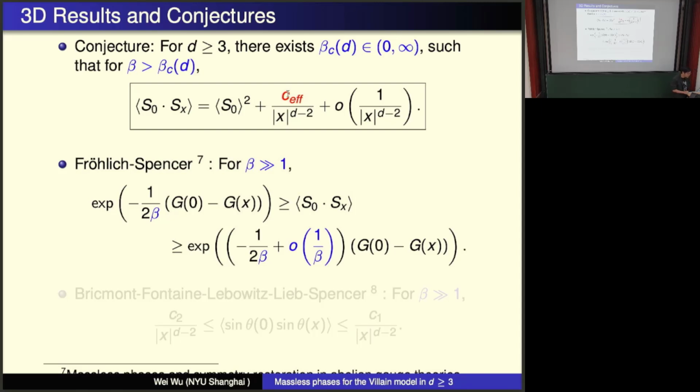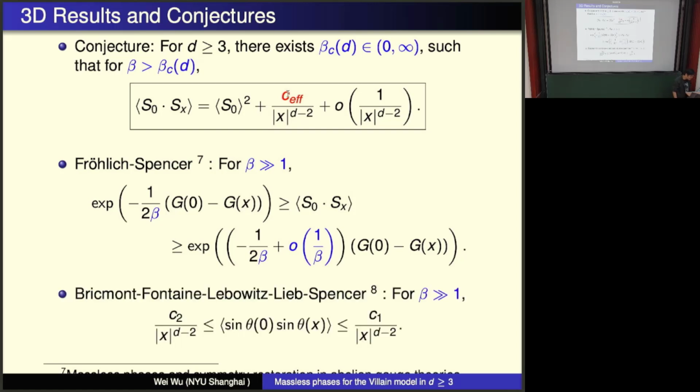So there is some partial progress toward this in the 80s. First of all, there's a paper of Froelich and Spencer which gives upper and lower bounds of the two-point function, which do not match with each other. And then this paper, Brickmont, Fontaine, Lebowitz, Lieb, and Spencer, they studied the so-called transversal two-point functions. What they did is you can look at a Gibbs state for the XY model in a finite volume where you just have all your spins pointing in one particular direction.